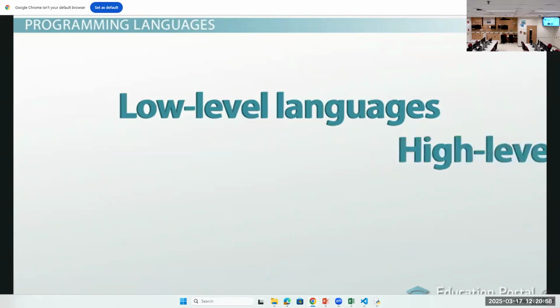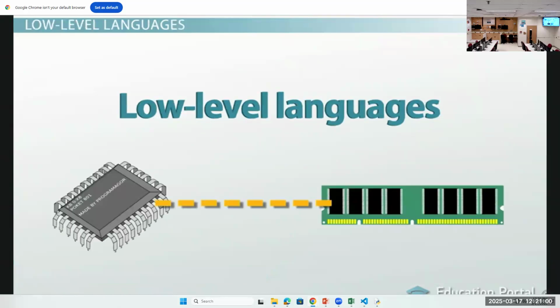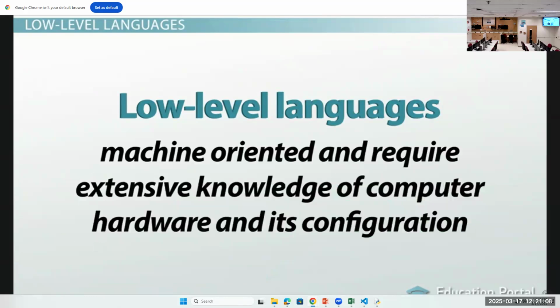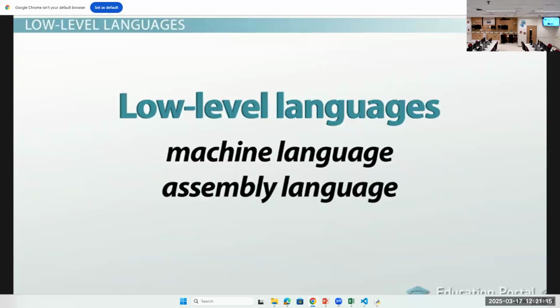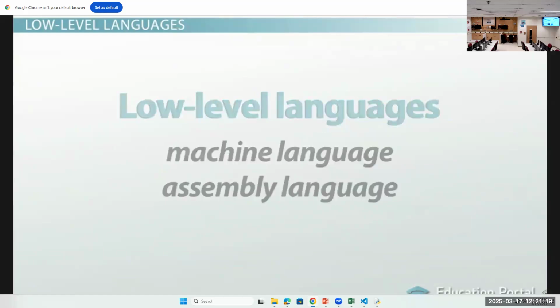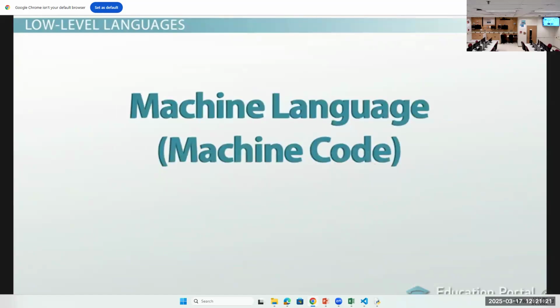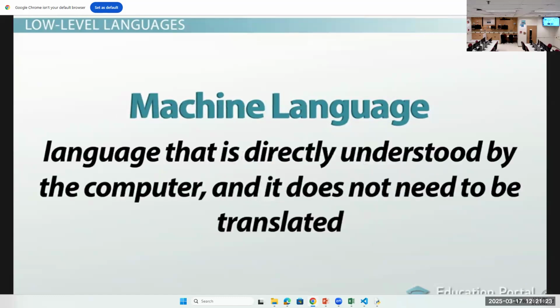Low-level languages are referred to as low because they are very close to how different hardware elements of a computer actually communicate with each other. Low-level languages are machine-oriented and require extensive knowledge of computer hardware and its configuration. There are two categories of low-level languages: machine language and assembly language. Machine language, or machine code, is the only language that is directly understood by the computer, and it does not need to be translated.